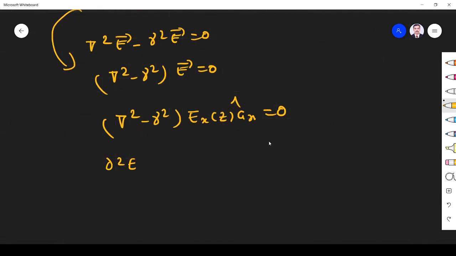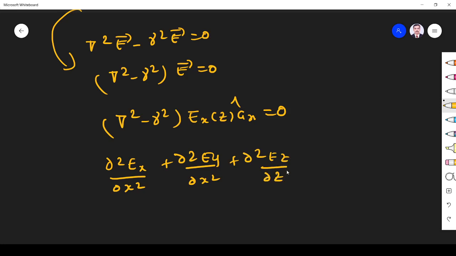This means dou squared Ex by dou x squared plus dou squared Ey by dou y squared plus dou squared Ez by dou z squared, so here also x, minus gamma squared Ex(z) is equal to 0.